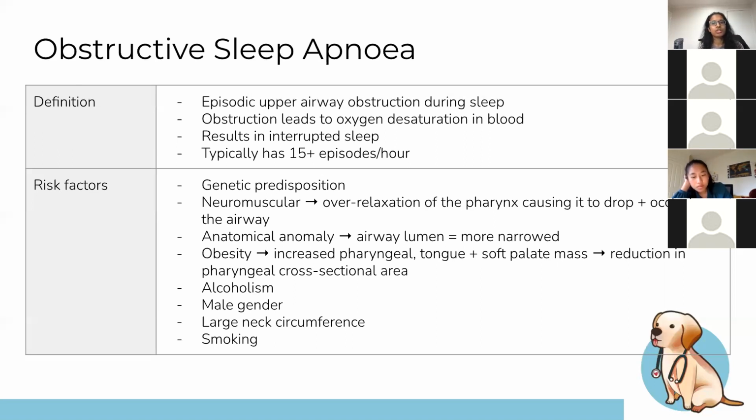If we're going to be more strict about how we classify what OSA is, it can be defined as having more than 15 apneic episodes per hour every night. These episodes are just where you literally stop breathing for around 10 seconds. So it is quite scary. But in terms of pathophys, we've obviously got that obstruction of the upper airways.